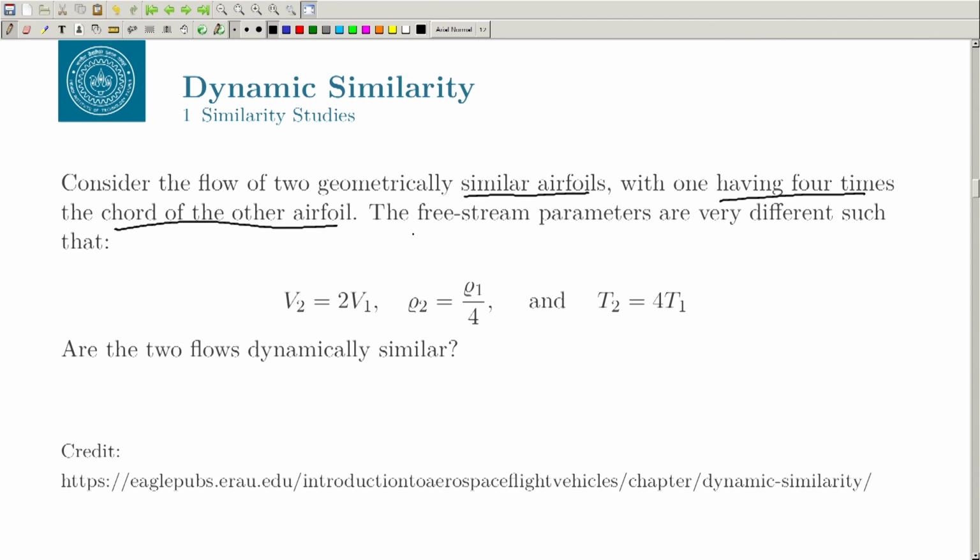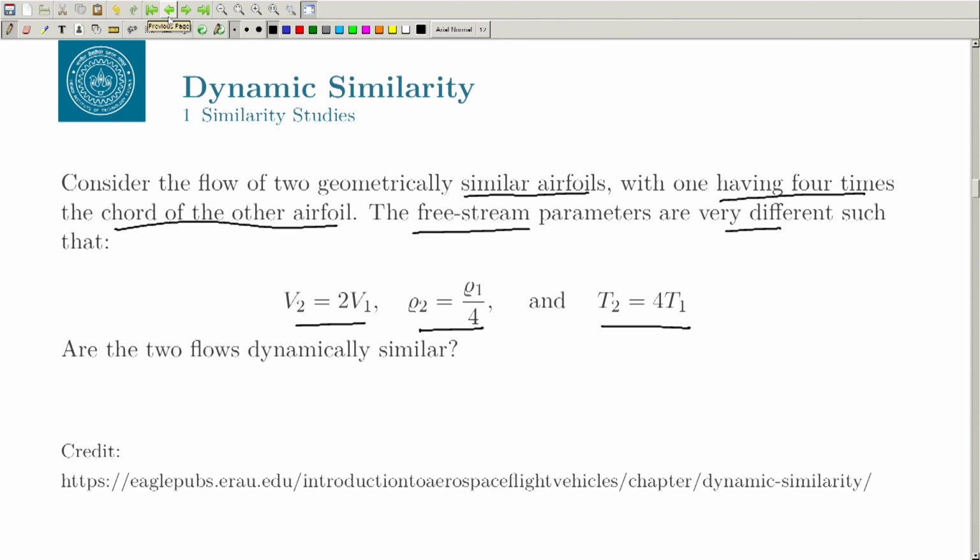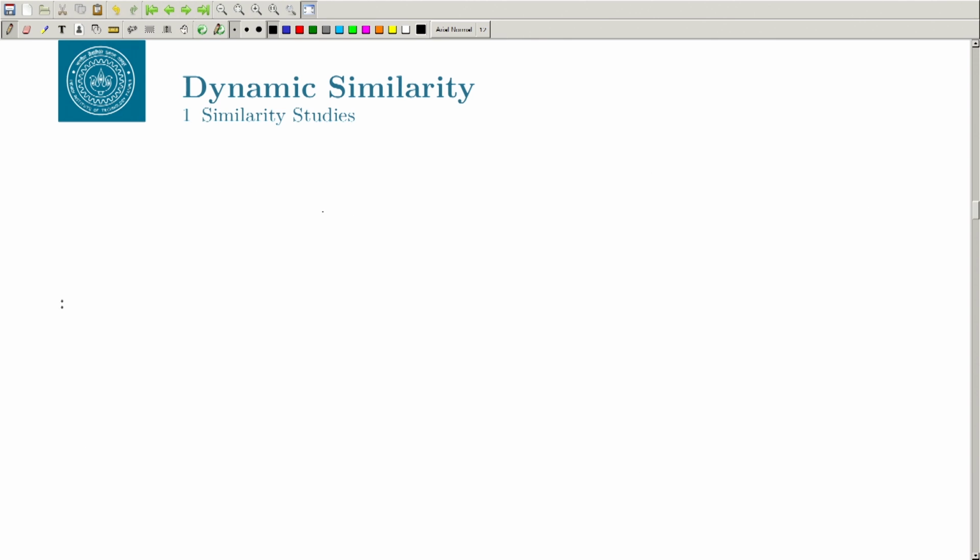And the free stream parameters are very different, such that V 2 equal to 4 V 1, rho 2 equal to rho 1 by 4 and T 2 equal to 4 T 1. So, are those flows dynamically similar? It is shown here that one has 4 times the chord of the other aerofoil, right. So, let us draw these aerofoils. This is your small one, and this is your big aerofoil.